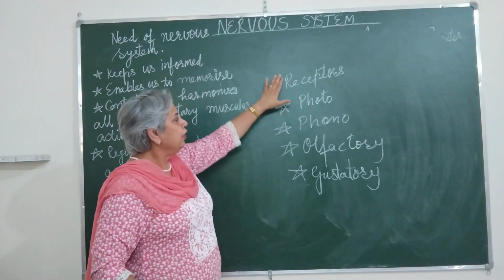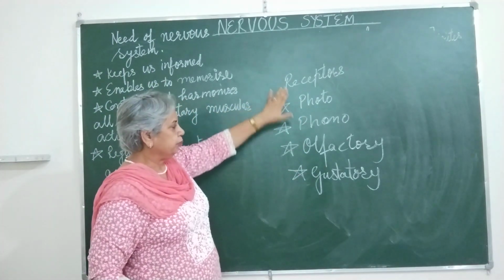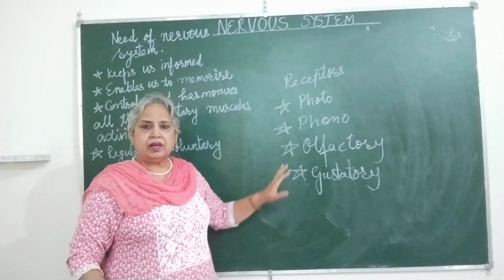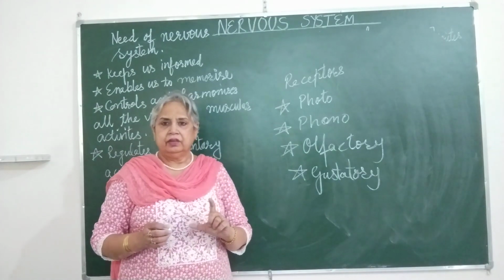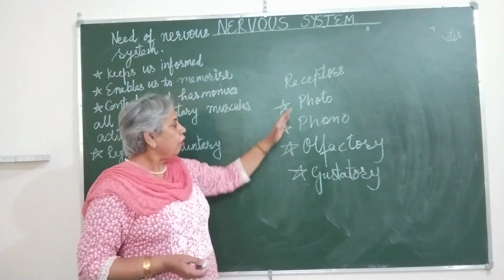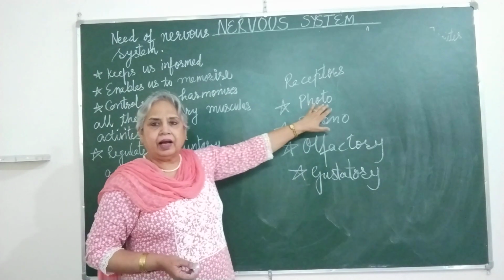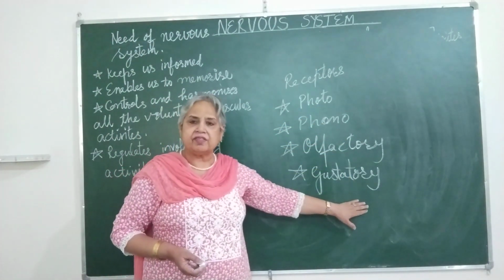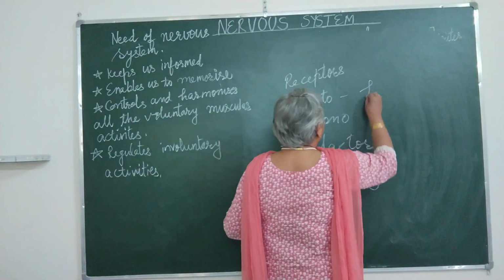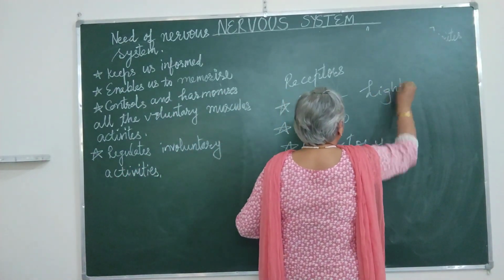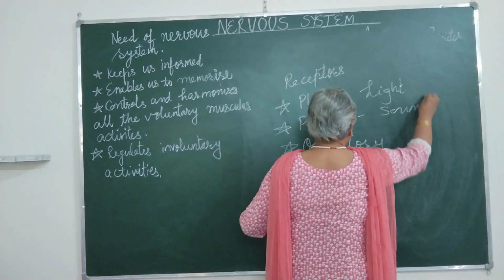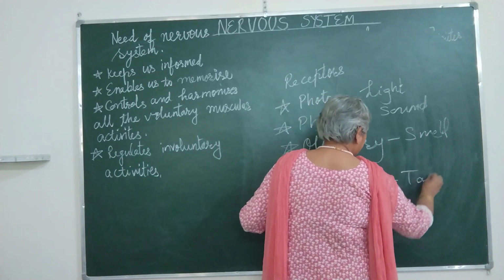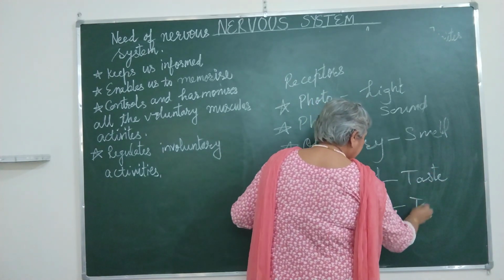So, photoreceptors, phonoreceptor, olfactory receptor, gustatory receptor, then touch, then temperature. All these stimuli, photo means light, phono means sound, olfactory smell, gustatory taste, okay, light, sound, smell and taste. Then there is touch.